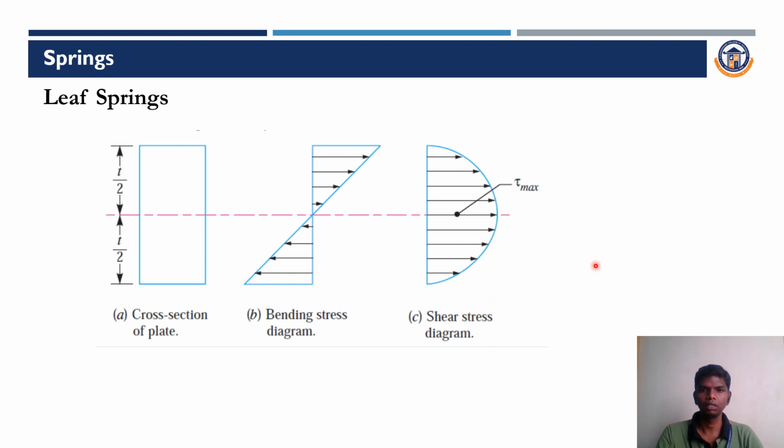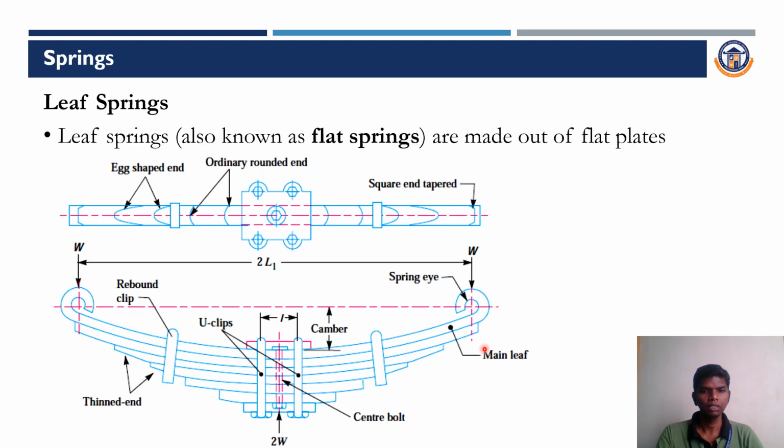In general, this is the bending stress diagram and shear stress diagram for a leaf spring. The diagram clearly shows the leaf springs, which we have definitely seen in all vehicles.